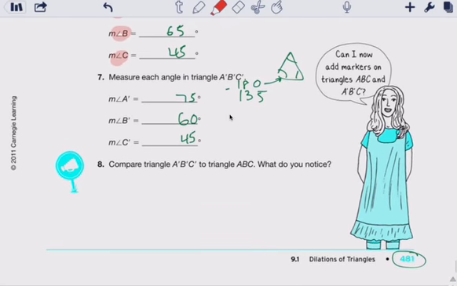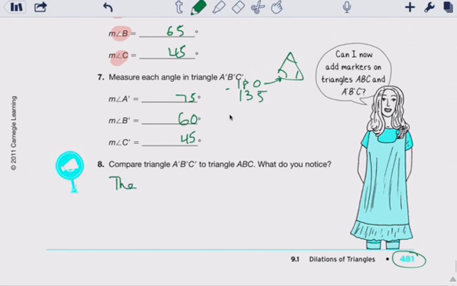So the corresponding sides all have different lengths, but the ratio for all of them is the same though.